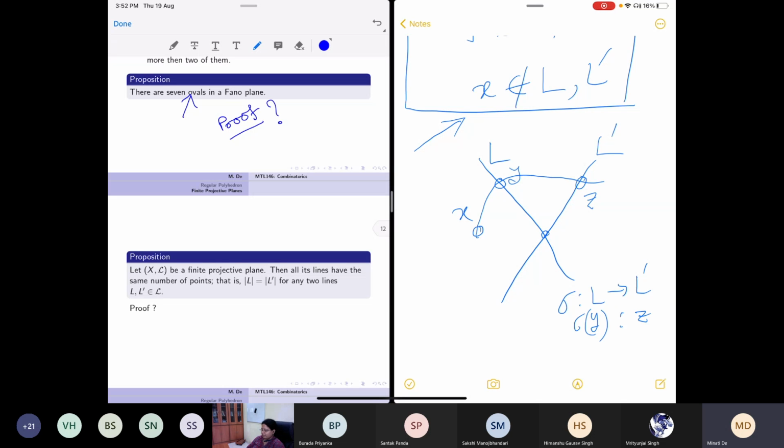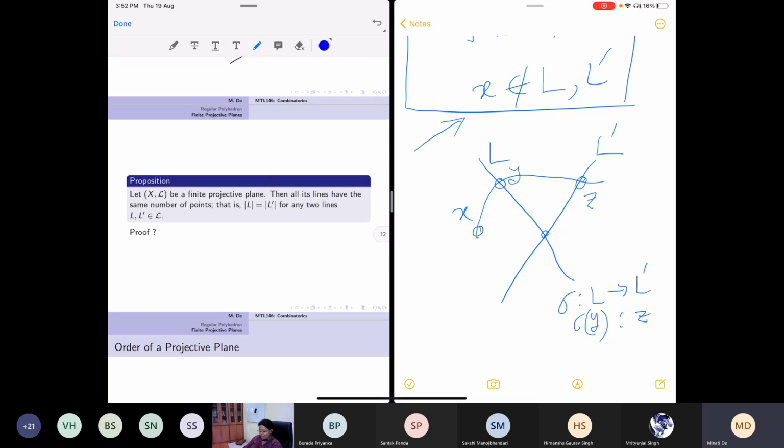Does it make sense? If you can prove that this function is bijective, then you are done. Then the number of points in L is exactly equal to the number of points in L dash, and the proof is done, right? Does it make sense to you?